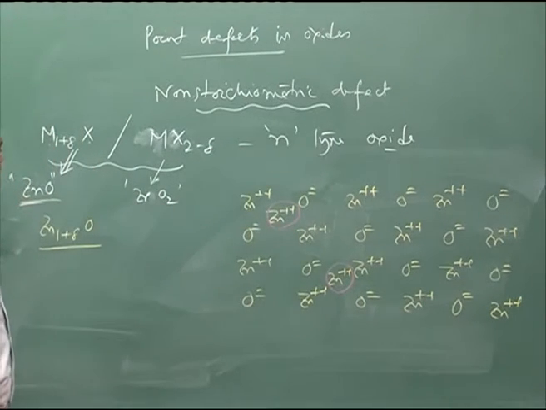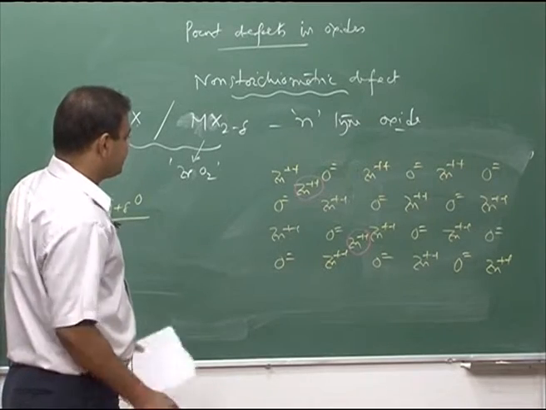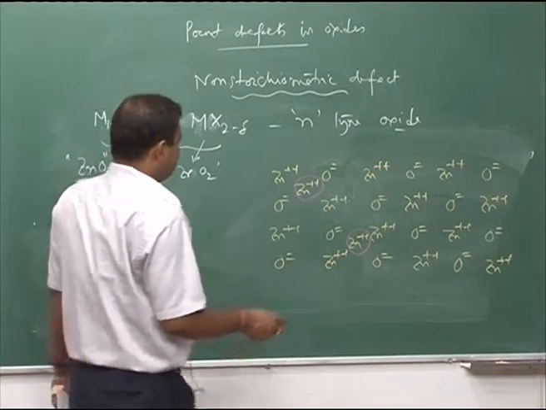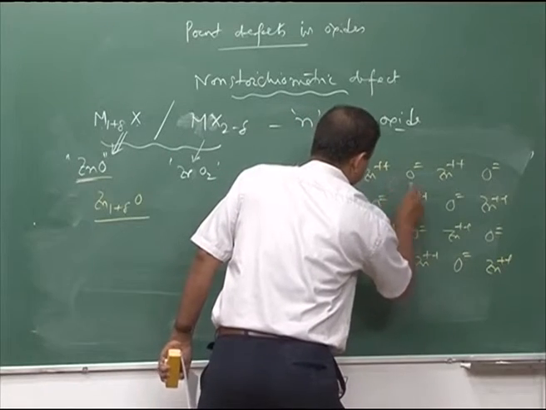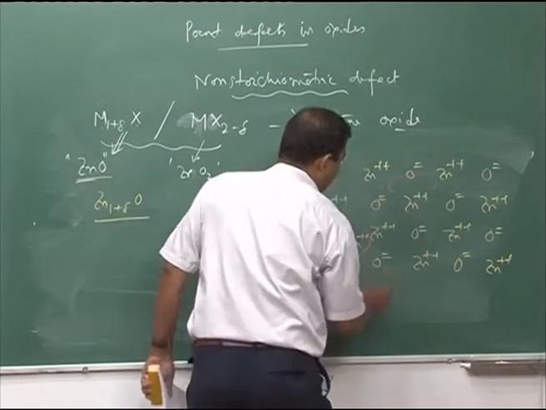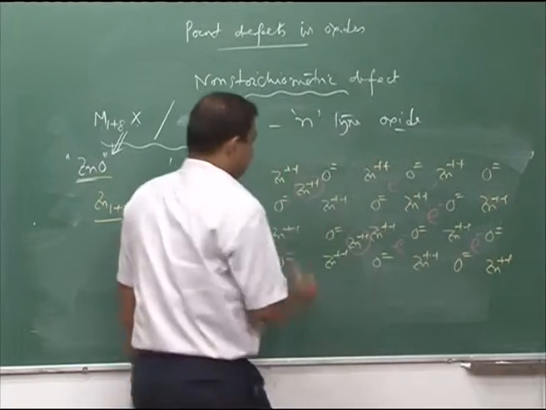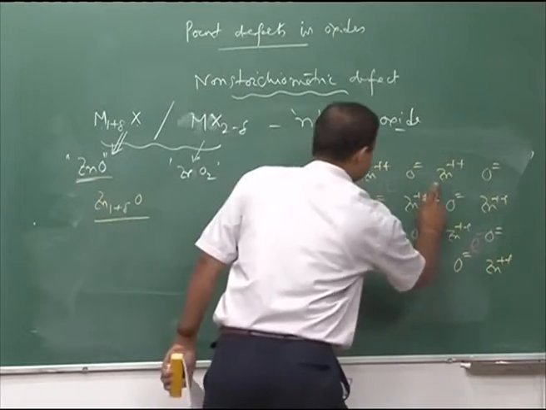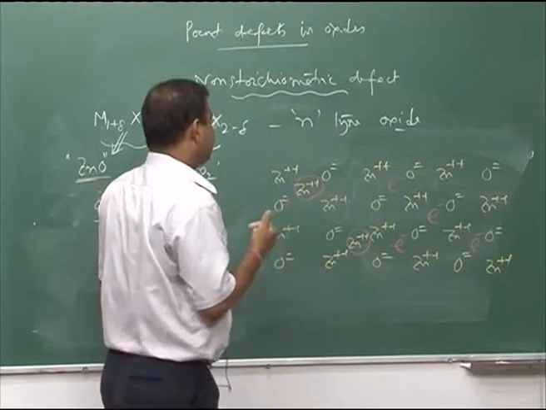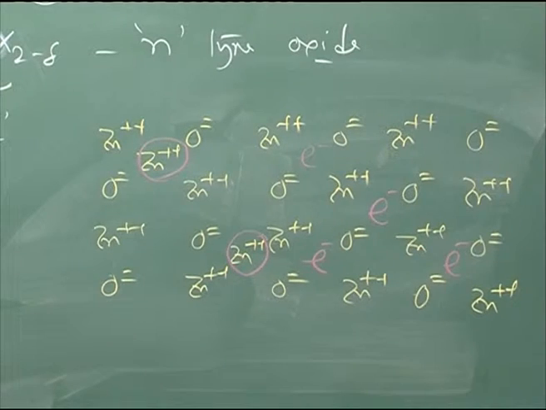So, these are the 2 excess cations. Now, in order to maintain electroneutrality, there will be 4 excess electrons. This is a simplistic approach, and it would be sufficient for our understanding of the oxidation behavior of zinc oxide.